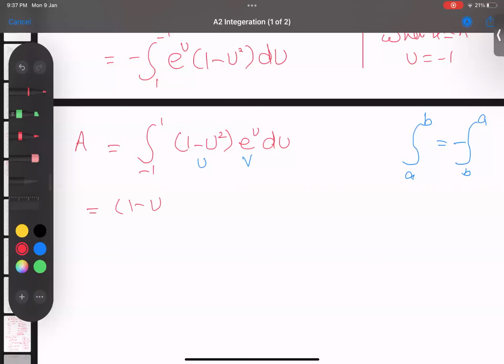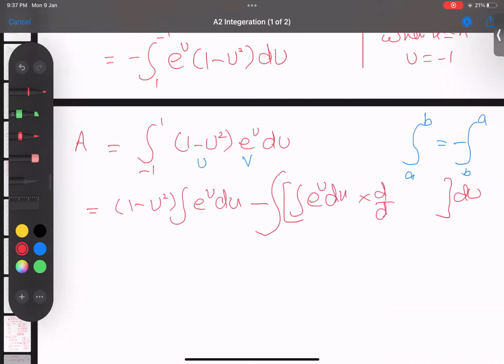U function copy, integration of v. This is the v. Okay, a big sign of integral, a bracket starts, a bracket finishes, and again integration of v function into differentiation of u function.